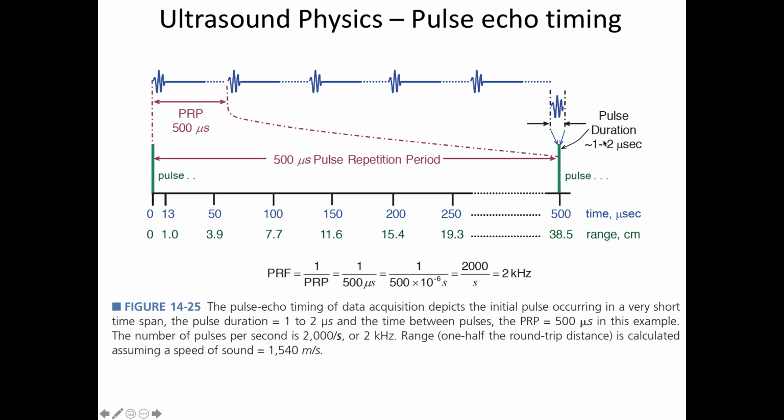So as you can see, the duration here, we're talking microseconds for these little pings. And here we have about half a millisecond for listening for all of the stuff to come back. So it's not that hard to calculate how deep you're going to see things, because you know the maximum time that you're waiting for an echo to come back, and you know roughly what the speed is in the medium.